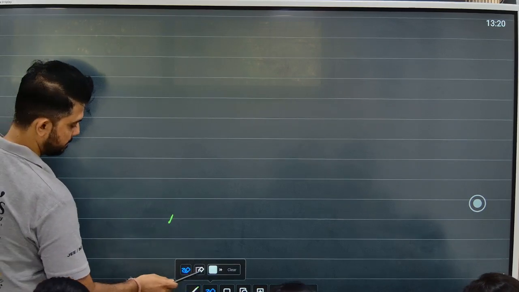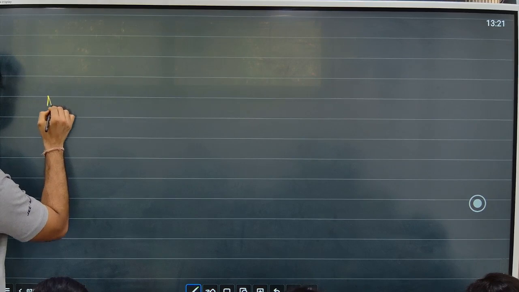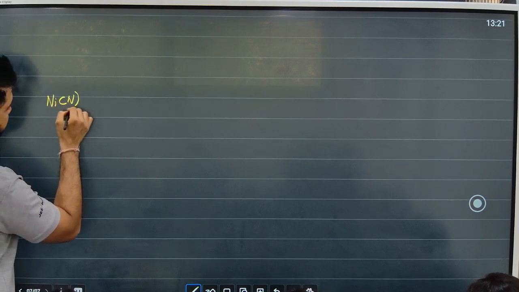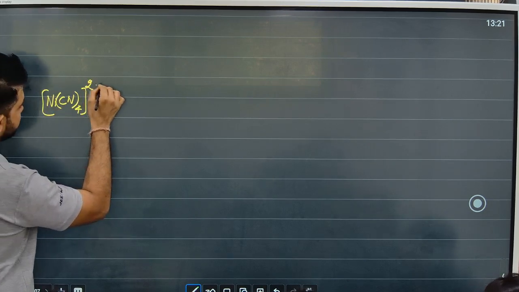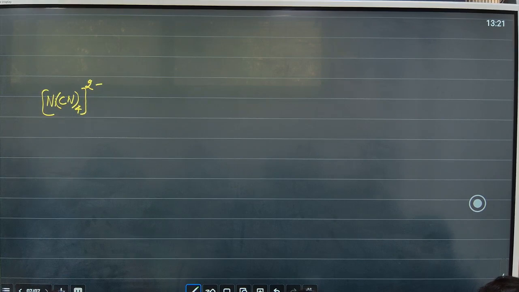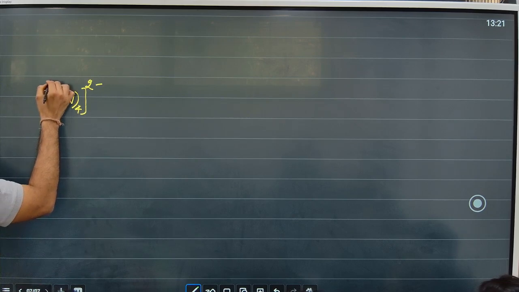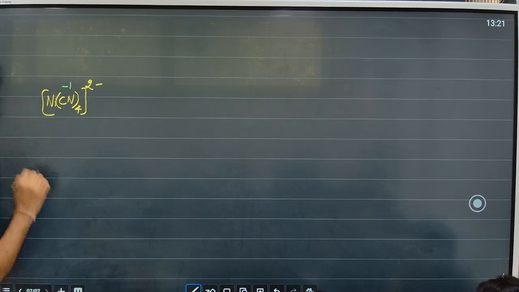Pay attention here. So we have NiCN4 2 minus. 2 मिनट में हो सकता है, जल्दी जल्दी give me the charge on Ni. CN is minus 1, so how much is Ni?